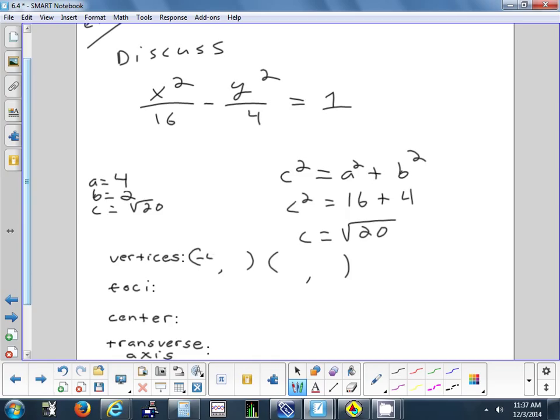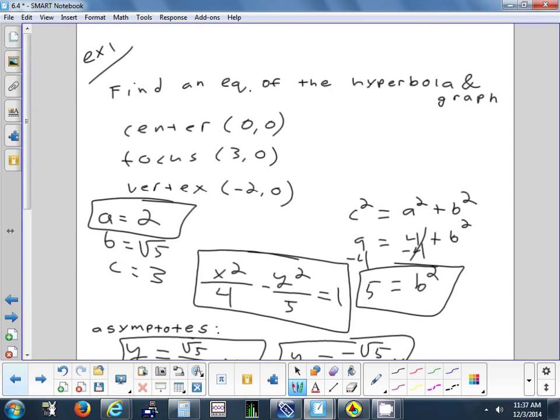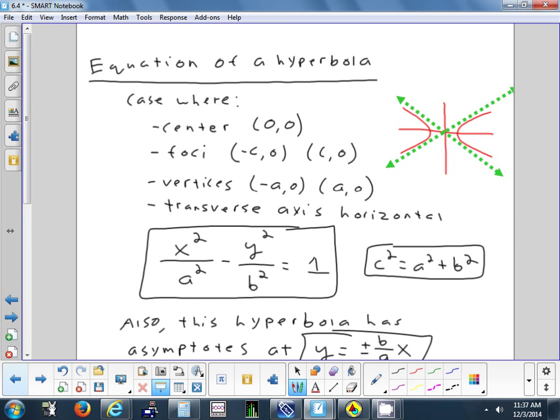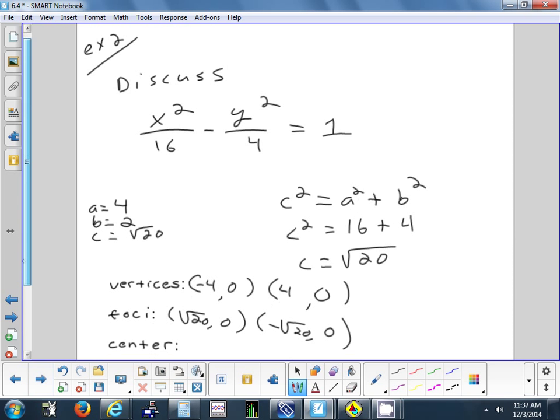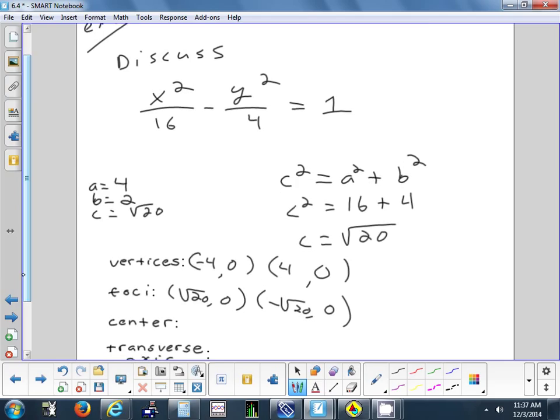Yep, negative 4, 0 and 4, 0. Just like an ellipse. Foci: negative c, 0 and positive c, 0. So square root 20, comma 0, and negative square root 20, comma 0. There's your foci. What about my center? 0, 0. Unless you've got an x minus h and a y minus k, there's no shift. 0, 0.